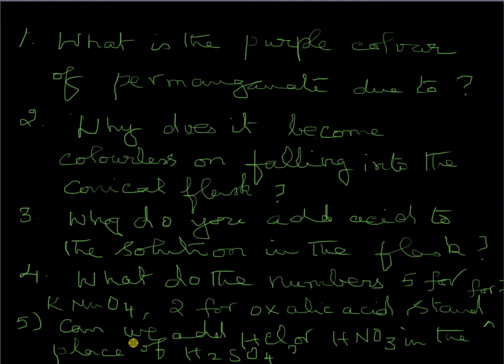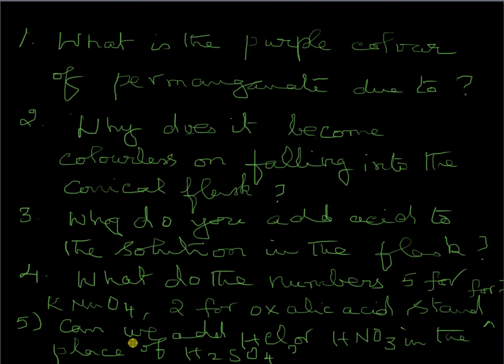If you don't know the answer, it is due to the manganese in +7 oxidation state. The color of Mn in +7 oxidation state is deep purple. Second question, why does it become colorless on falling into the conical flask? In the conical flask, you have the reagent of ferrous sulfate solution or oxalic acid, which undergoes oxidation.